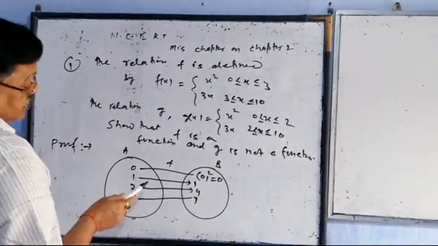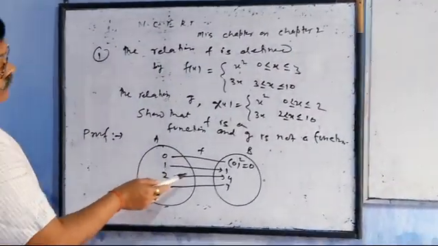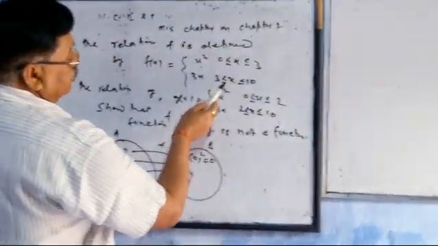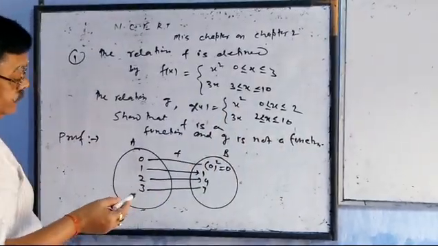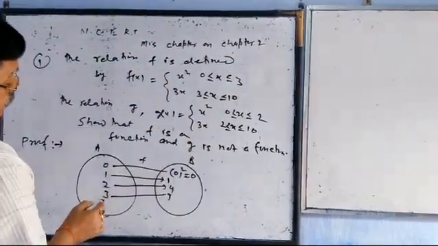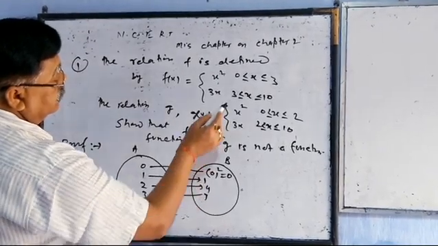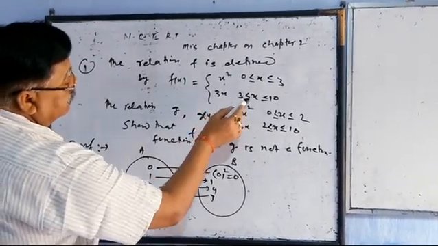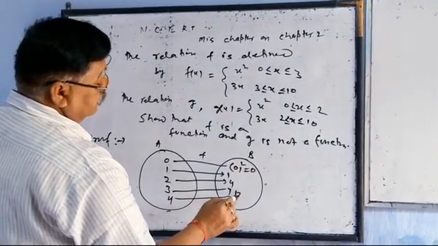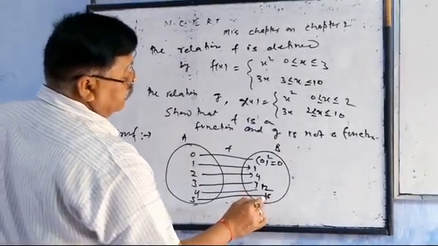So every element here, we have seen this. Also for x greater than or equal to 3 and less than or equal to 10, x is equal to 3 gives 3x as 9, and if we take x equal to 4, then it is 12.